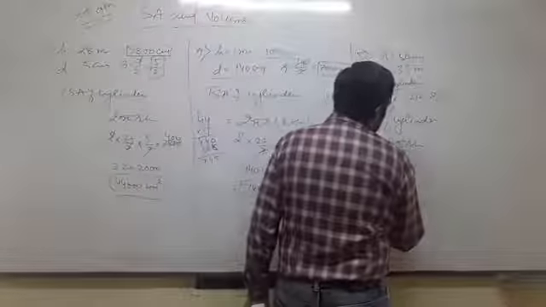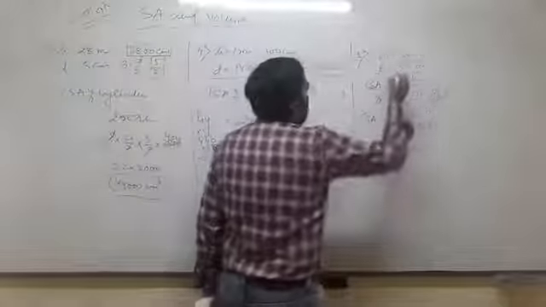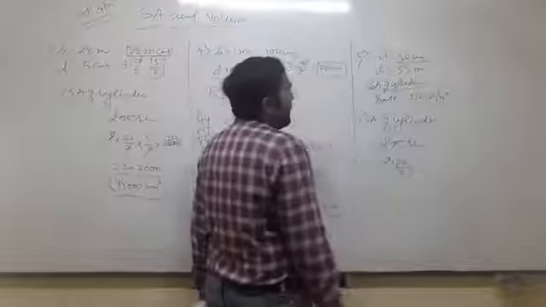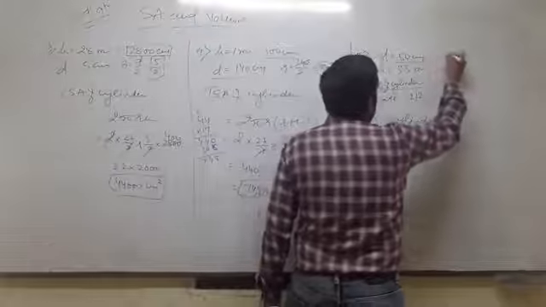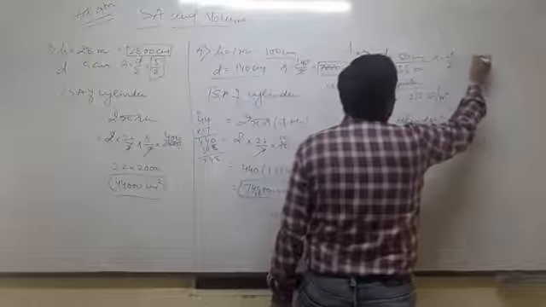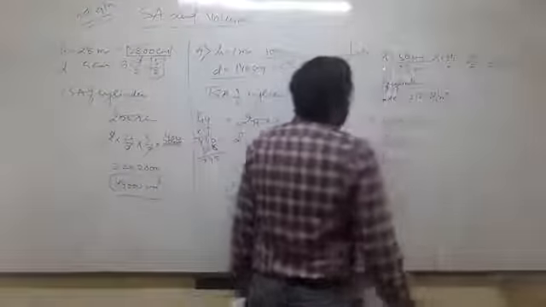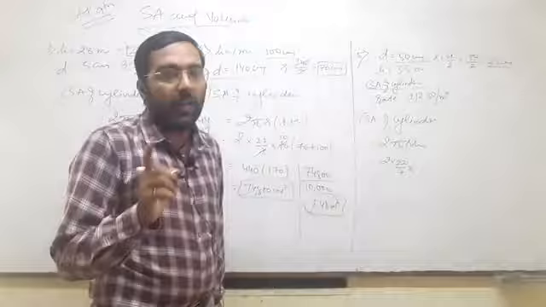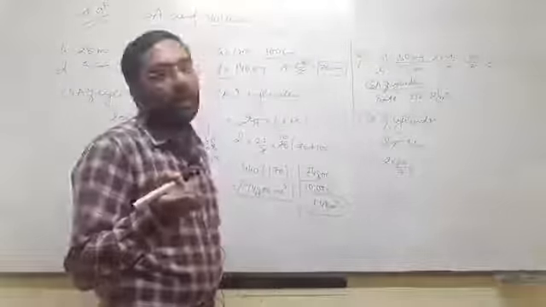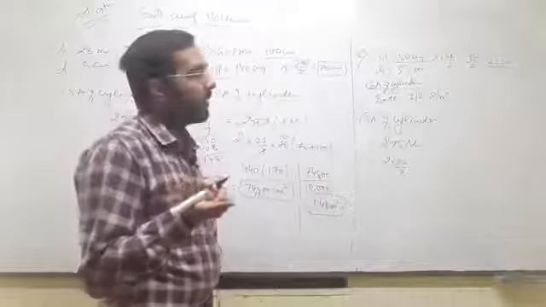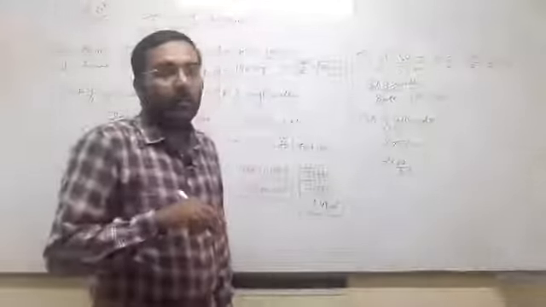Therefore 2 into pi, that is 22/7, into radius. Here the diameter is 50 centimeter, so I will take radius as diameter divided by 2, that is 50/2, that is 25 centimeter. Now I have to convert 25 centimeter to meter, so I will divide by 100.